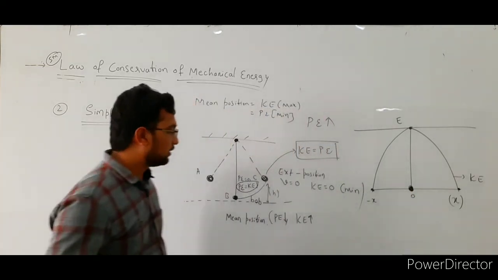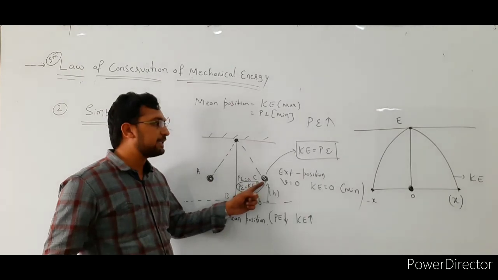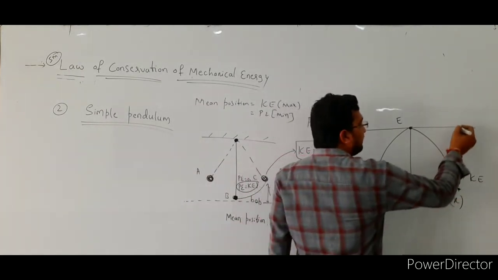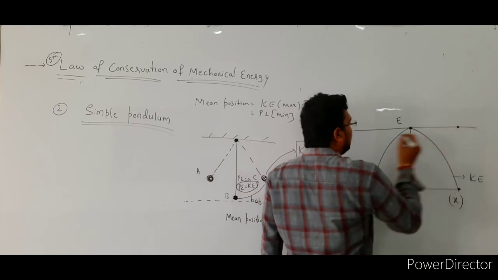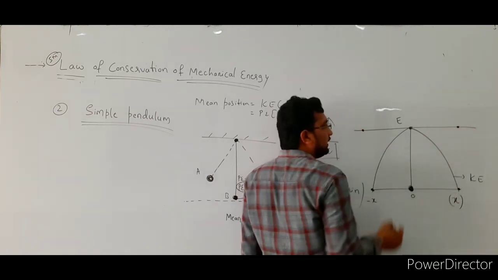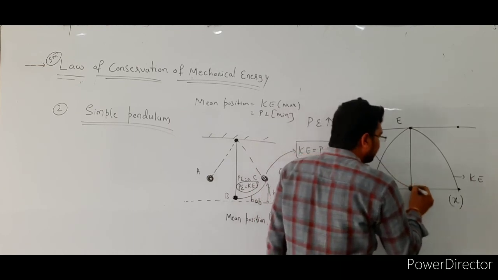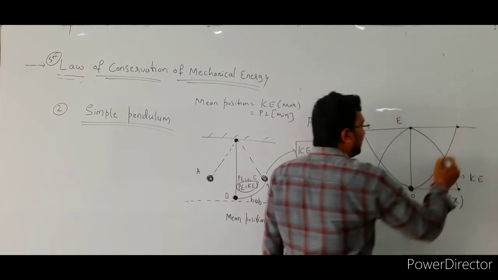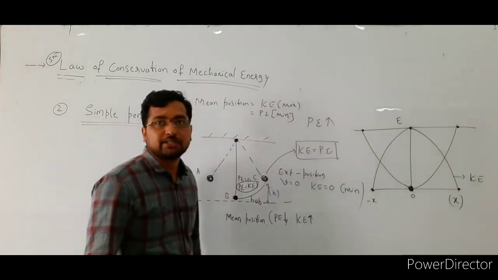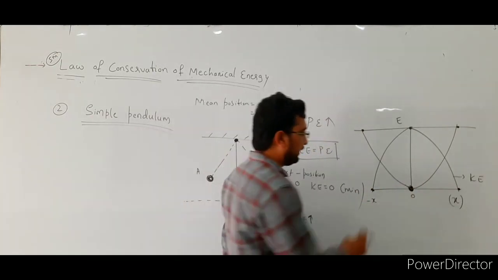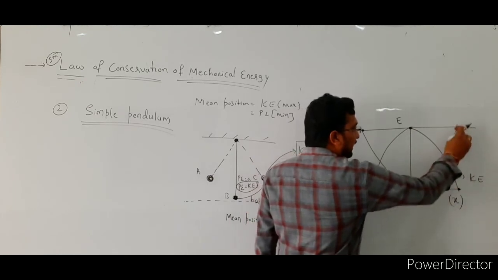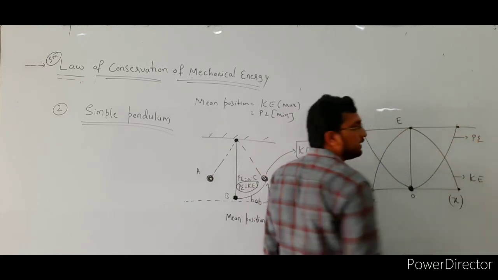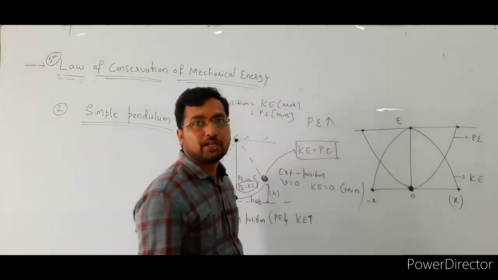Then the potential energy is maximum at extreme position. So these two are the extreme positions here. Join this one. So this graph gives the variation of energy with respect to the distance. This curve indicates the kinetic energy and this curve indicates the potential energy.